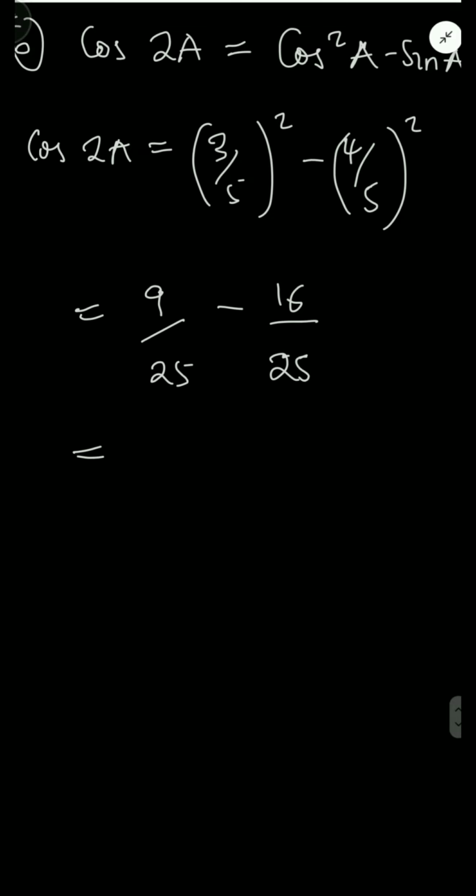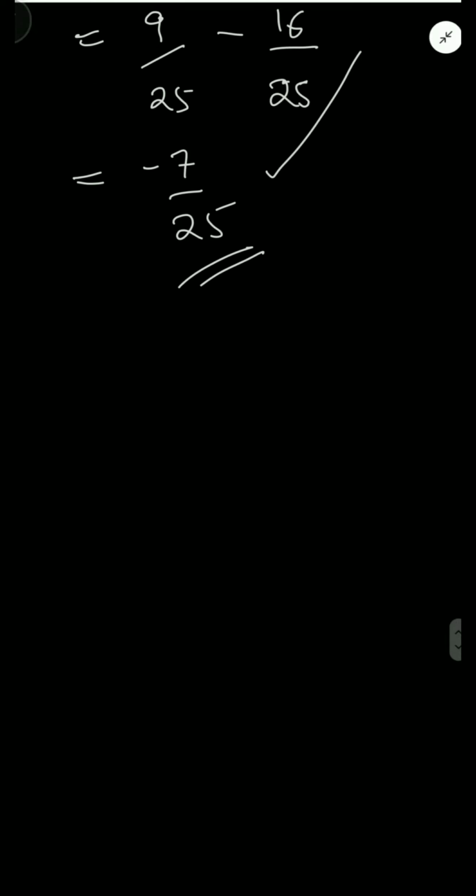So this gives us 9 over 25 minus 16 over 25, which ends up giving us negative 7 over 25 as our answer.